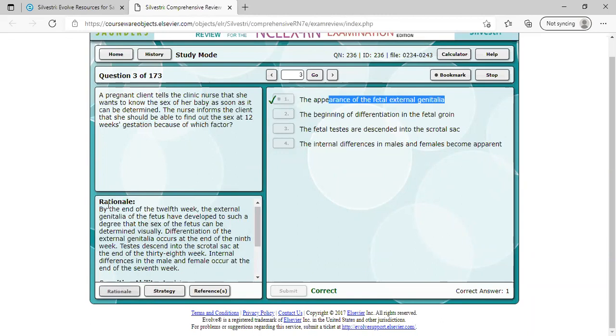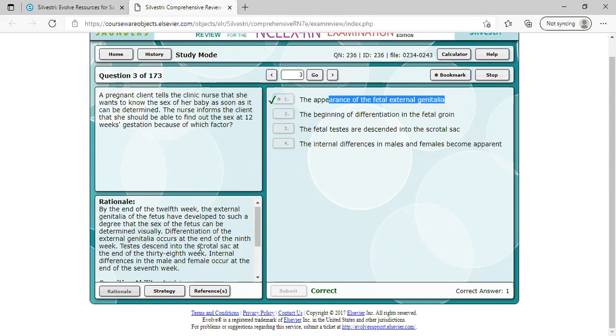So the rationale: by the end of 12 weeks, the external genitalia of the fetus have developed to such a degree that the sex of the fetus can be determined visually, and differentiation of the external genitalia occurs at the end of the 9th week.